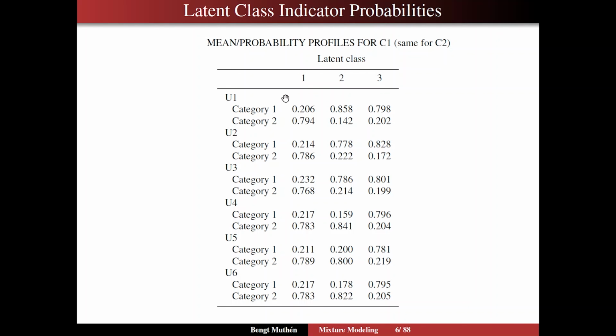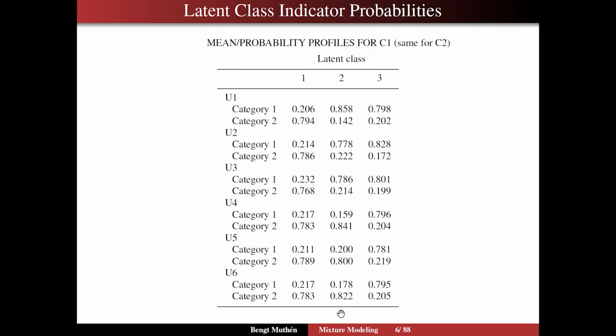And you see then that class 1 consists of people who have a high probability of saying that they do whatever U1 involves. High probability of U1 equals 1 for all the U's. So that's the high class. Second class is low, low, low, high, high, high.